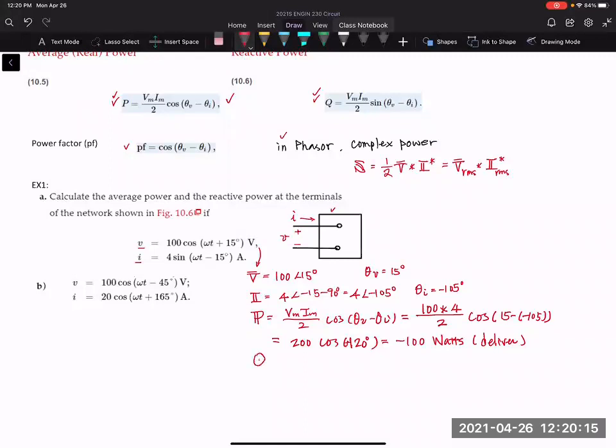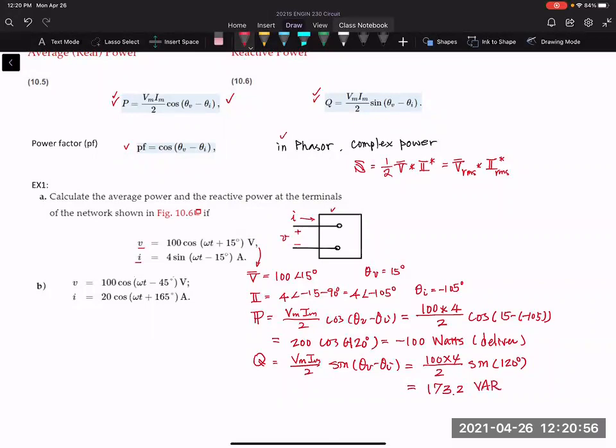Okay, let's find the Q. Same thing, V sub m divided by 2, but this will be the sine of theta V minus theta I. This is the Q. In this system here, do we have a Q? This is the sine, right? Everything is in here. This will be sine 120 degrees. If you do the calculation with your calculator, this turns out to be 173.2. And what is the unit for the Q?